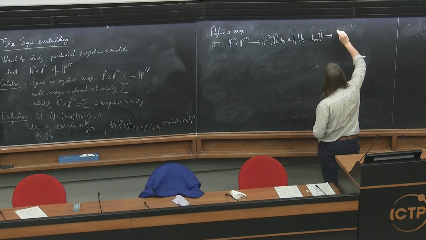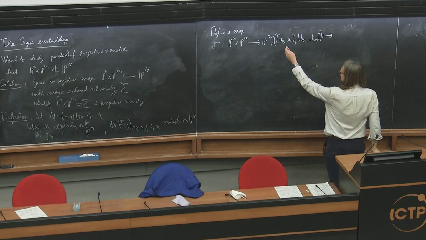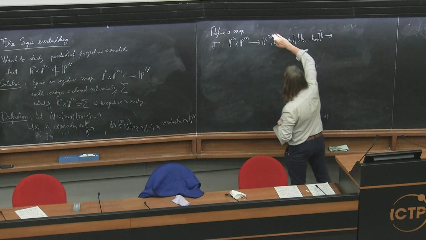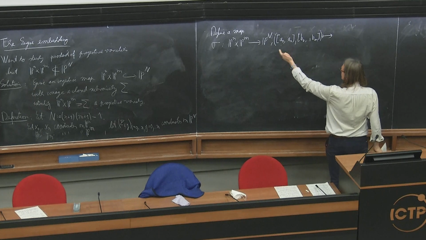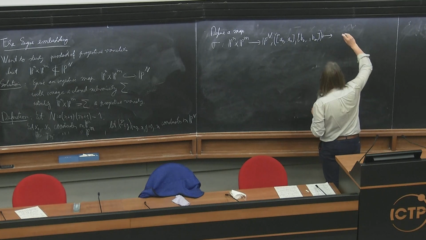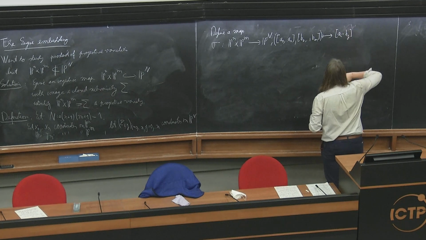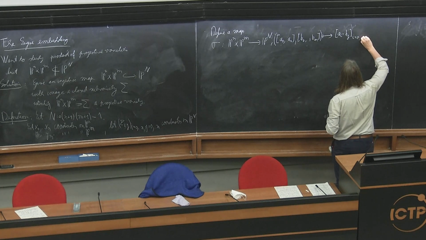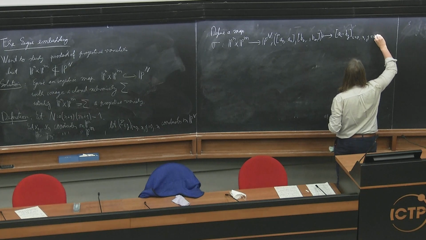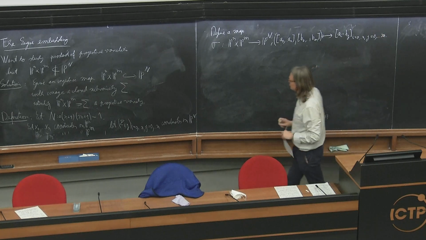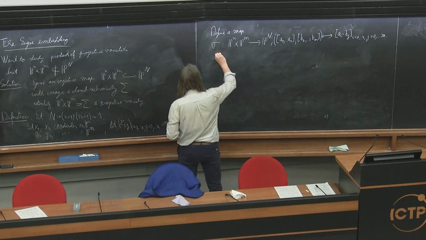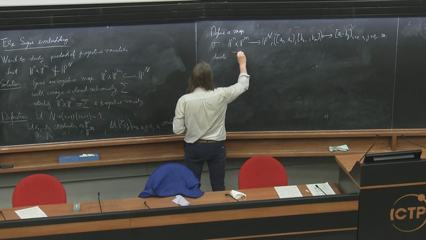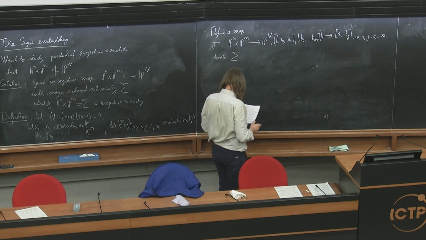One coordinate from here, one from here. So the ijth coordinate of the image is Ai times Bj, where i goes from 0 to n, and j goes from 0 to m. So this is the map. And I denote by large Sigma the image.